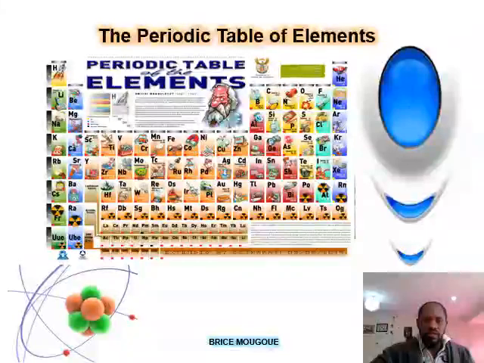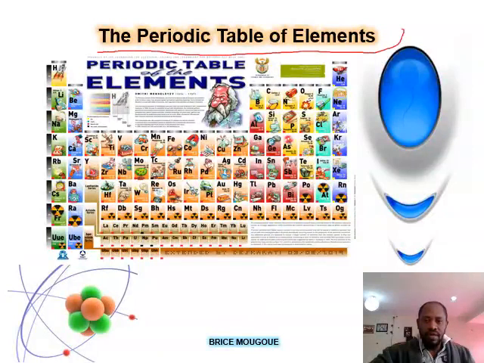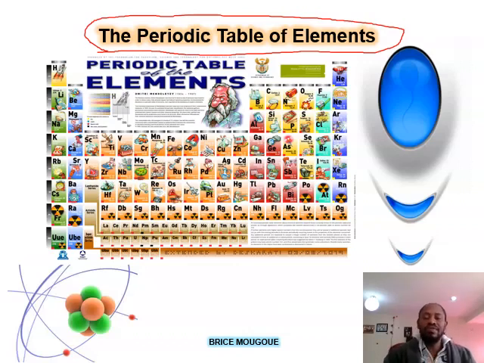Okay, in this section, we are going to be looking at the periodic table of elements. Why a periodic table? There are about 114 known elements, and as such, we would want to classify them, to organize them, such that we can each time refer to them and form a kind of database.